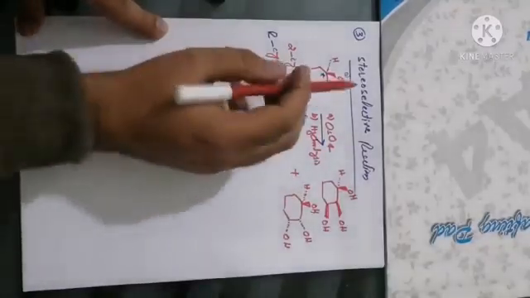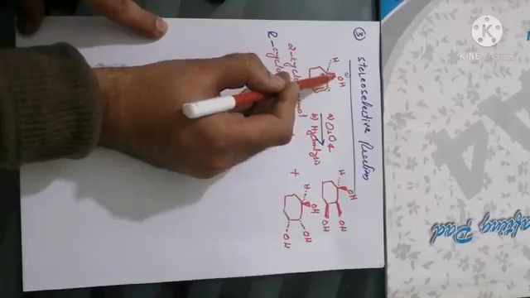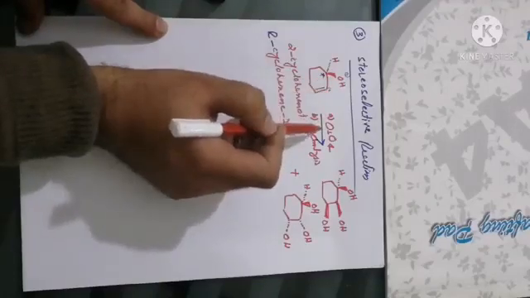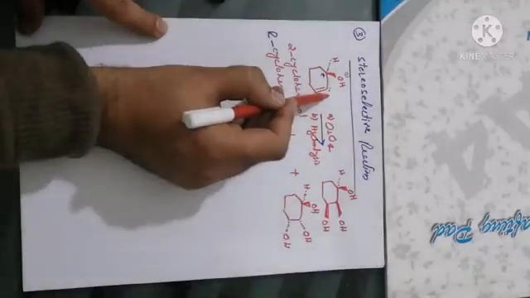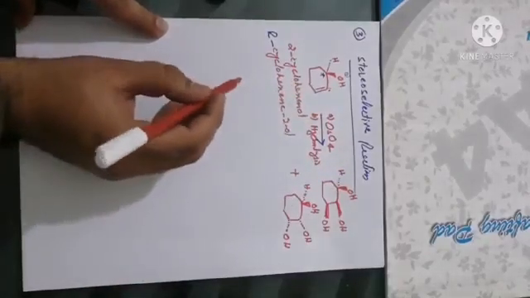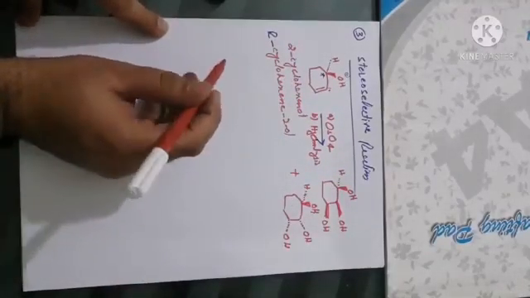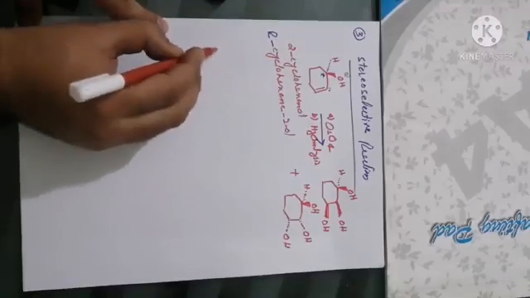So when there is a small polar group like hydroxy or amino, the attack of the electrophile will be such that it will stabilize these two. To understand the reason, let's first draw its transition state.